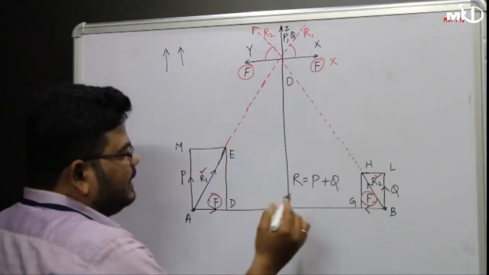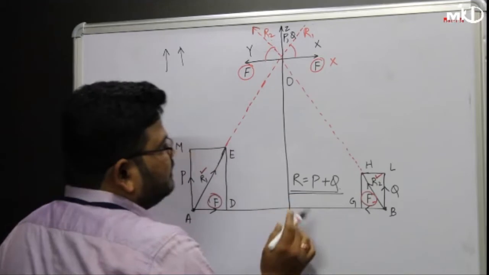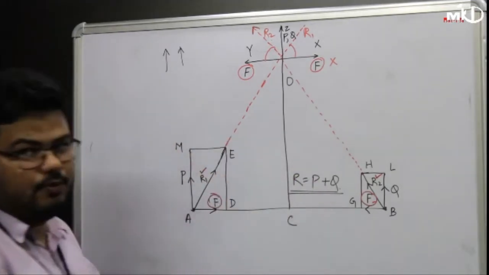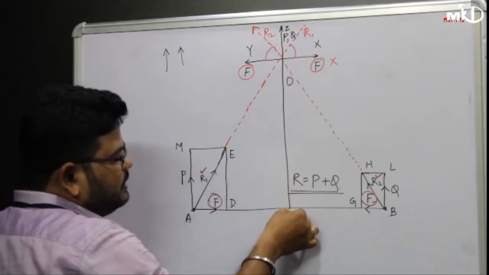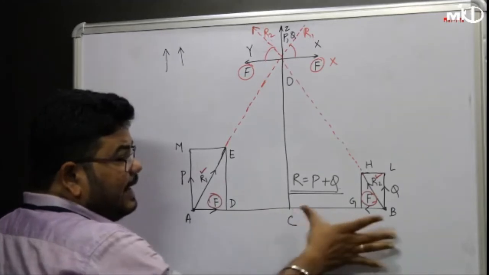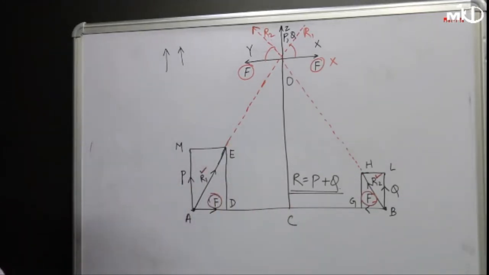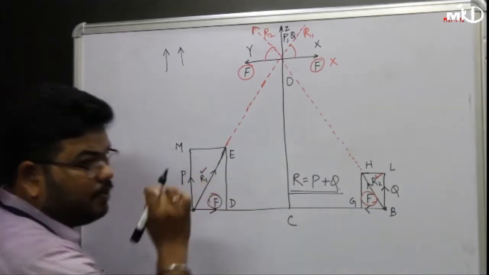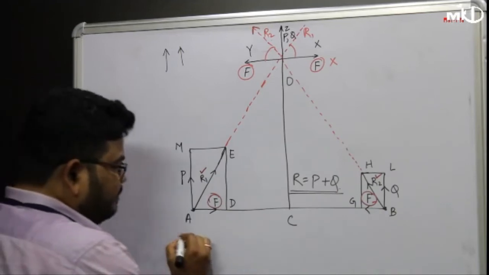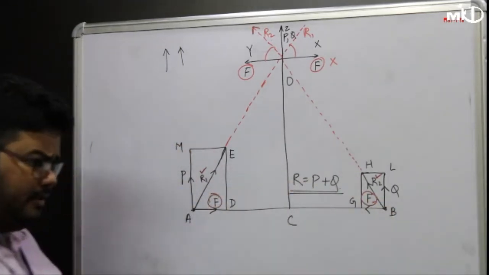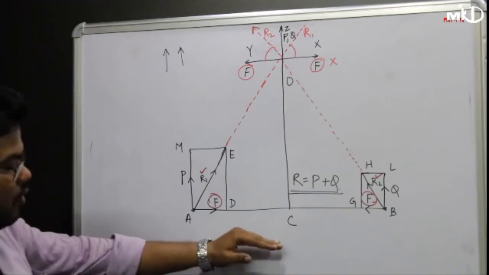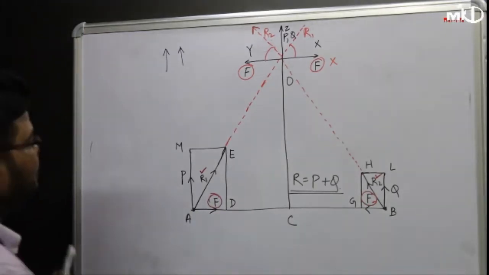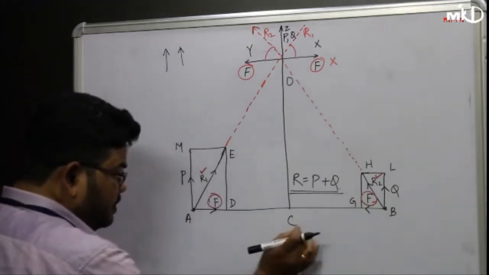So here we can see that the resultant of these two forces will be nothing but P plus Q, and it will act at a point C, which is somewhere in between A and B. Now one more important thing that we will discuss is how to find the position of this point C. Finding the position of this point is very important, because this comes directly in problems and it is also used in practical application.